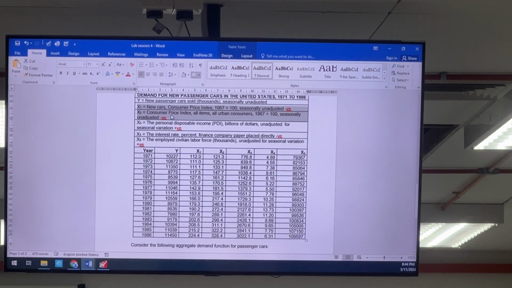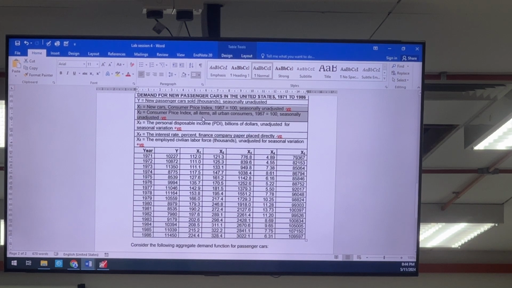So x2 already covers the CPI for cars. These two are quite related, so we can take out one of them, either x1 or x2.